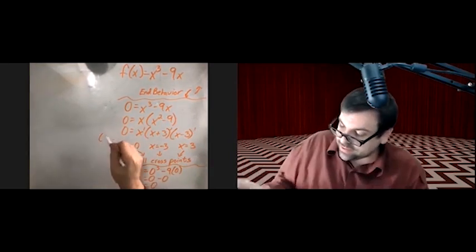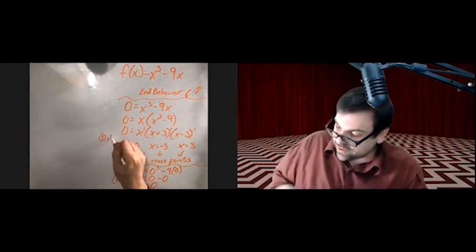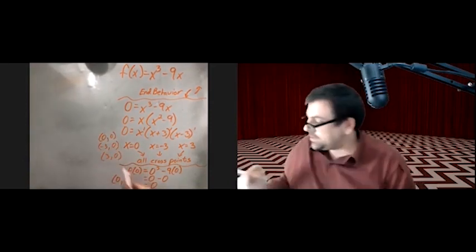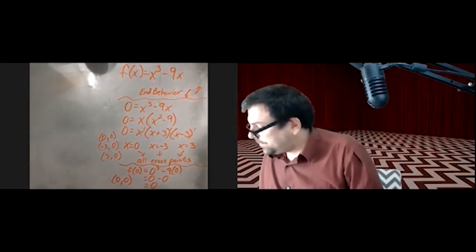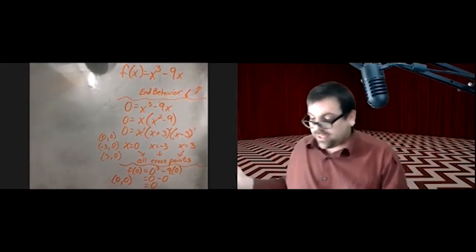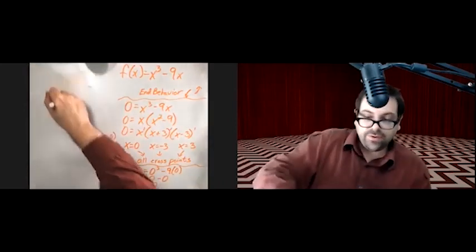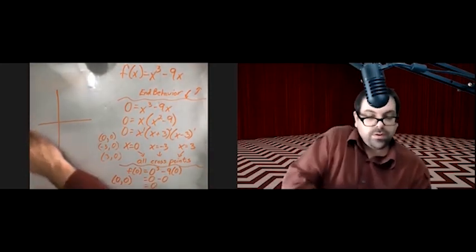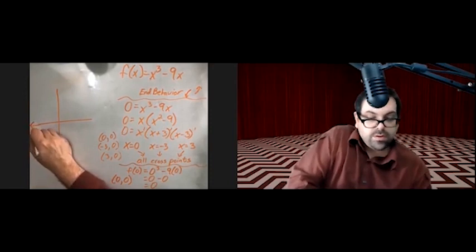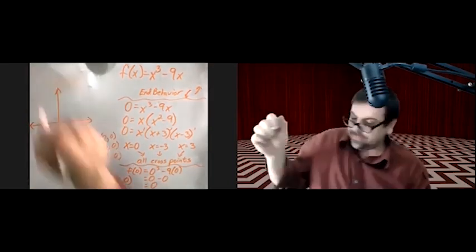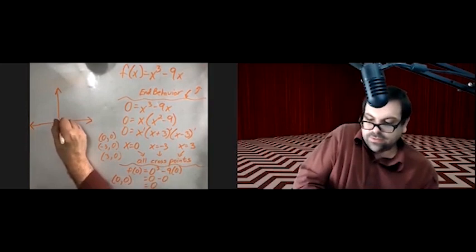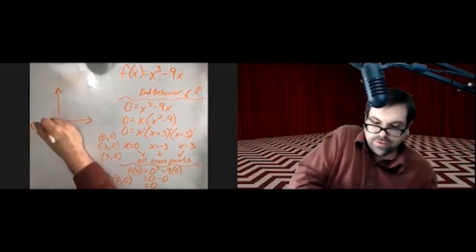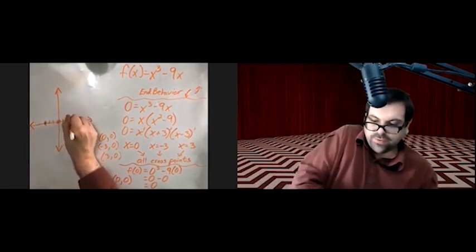These cross points: 0, 0, negative 3, 0, and 3, 0. So let's plot the 4 points we have. Zero, 0, 0, 0 again, negative 3, 0, positive 3, 0.